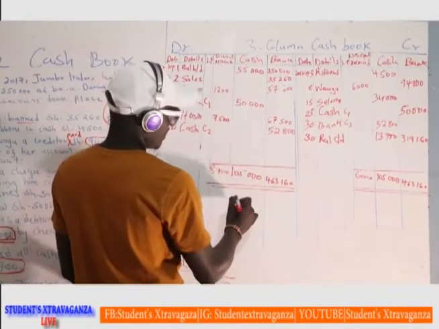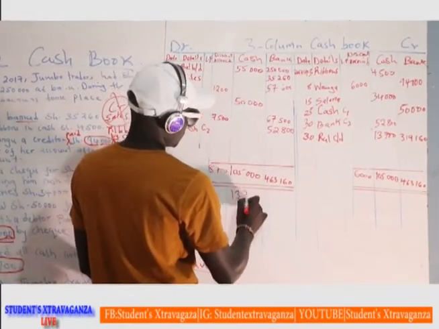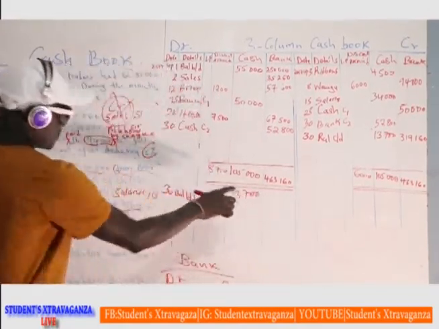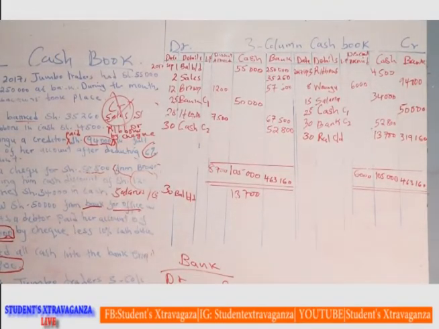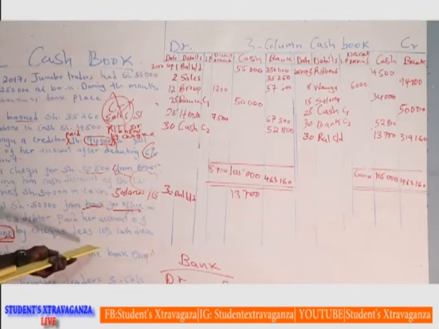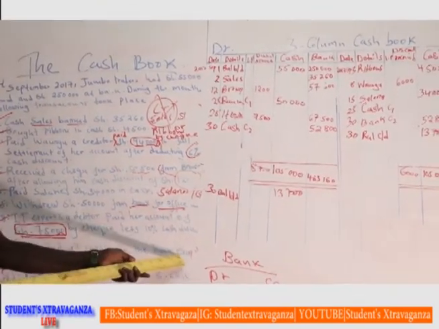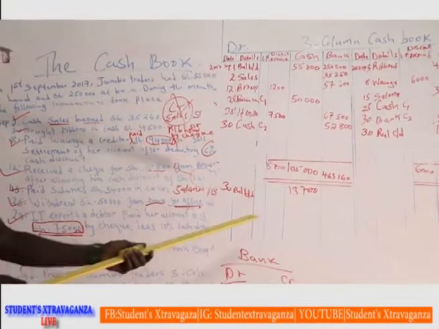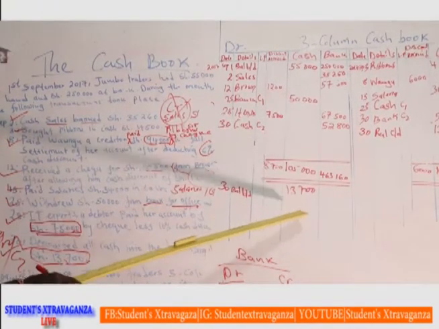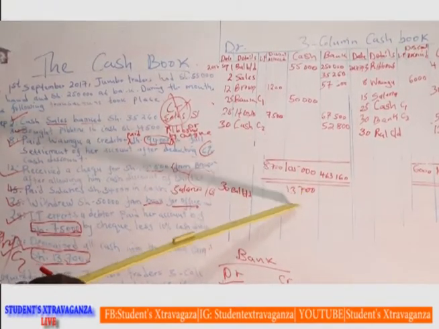Cash column, we have 13,700, meaning this is the cash that we remain with. Since we did deposit all the cash, we remained with 13,700. And this is the cash that we are having.